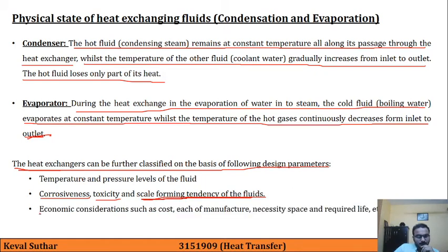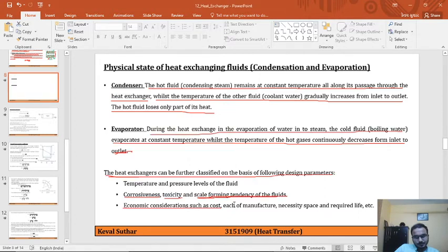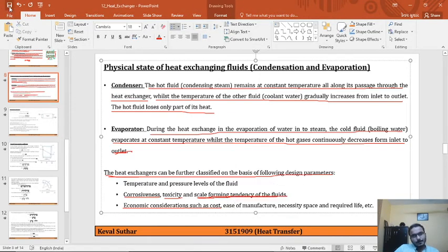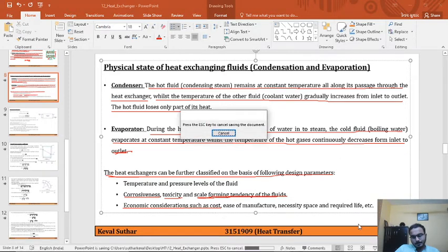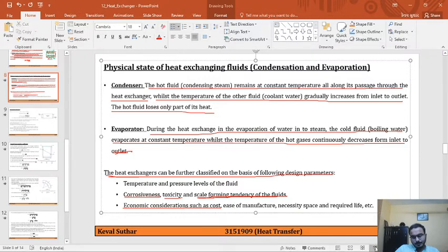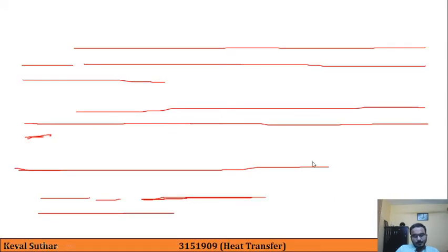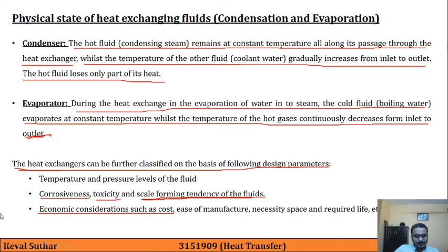Third is economic considerations such as cost, ease of manufacture, necessary space and required life, etc. So this is the way the heat exchanger can be further classified based on the design parameters.